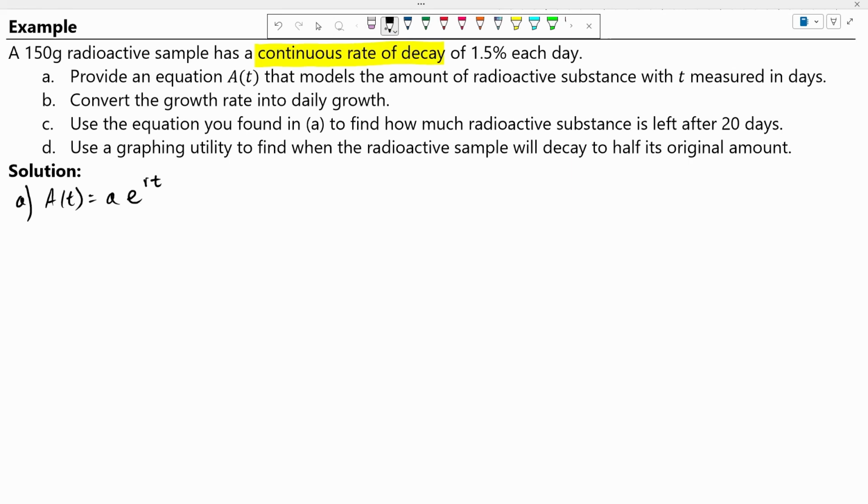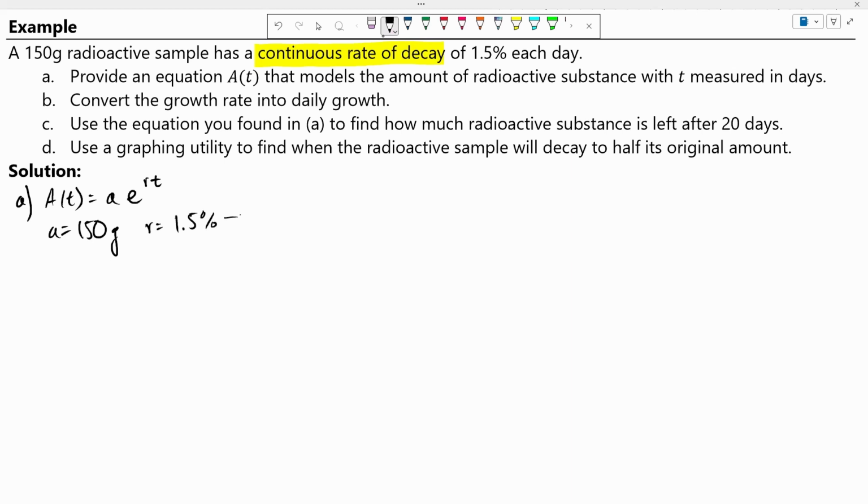I automatically can assume, since it says continuous rate of decay, right? I have to write down the e to the rt this time. Okay. But this is just as easy a cakewalk as the one from before, right? My A, my initial amount is 150 grams. Okay. My r, let me put it right over here actually, is 1.5%, right?